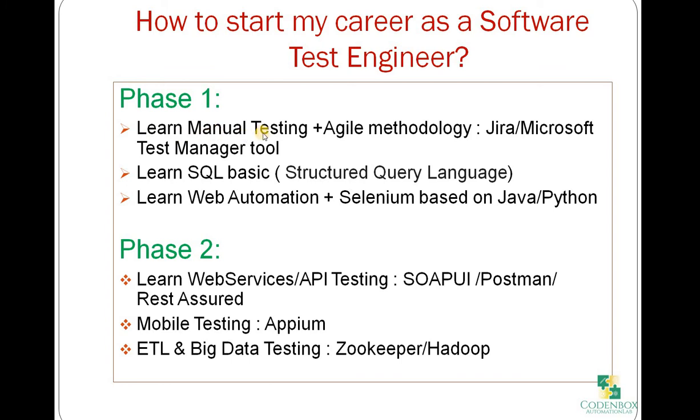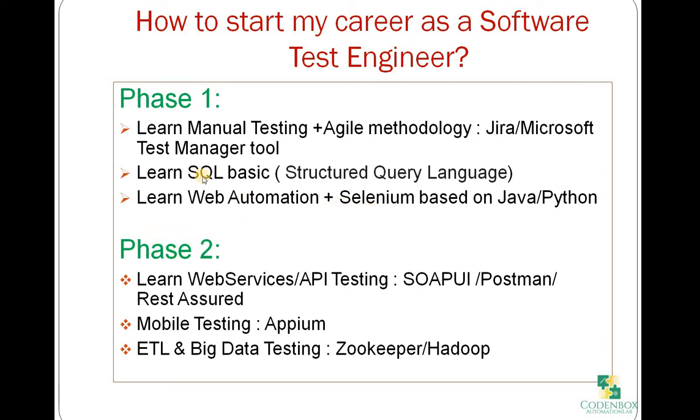Learn manual testing based on Agile methodology using Jira or Microsoft Test Manager tools. Have basic SQL knowledge, and must have web automation experience or knowledge based on the Selenium API using Java or Python.